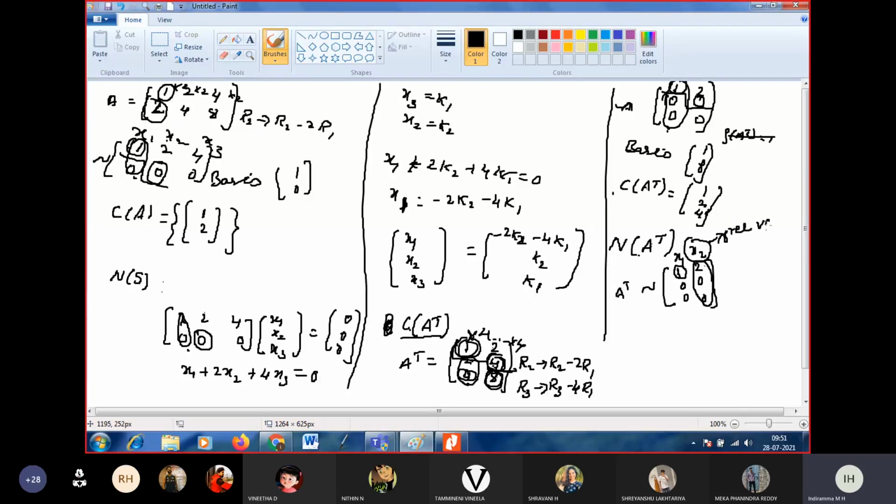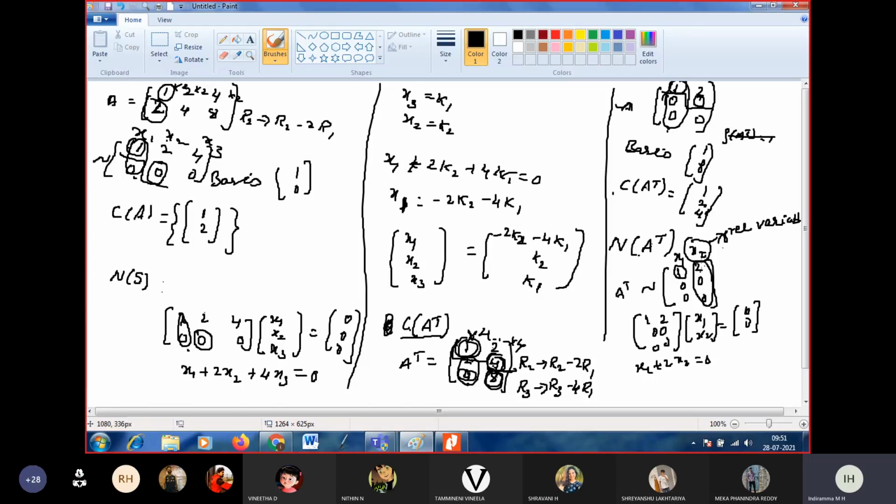We have to assume a value for x2. Now consider the matrix equation form: the matrix 1 2, 0 0, 0 0 times x1, x2 equals 0 0. The first row gives x1 plus 2 x2 equals 0. The second and third equations do not exist.